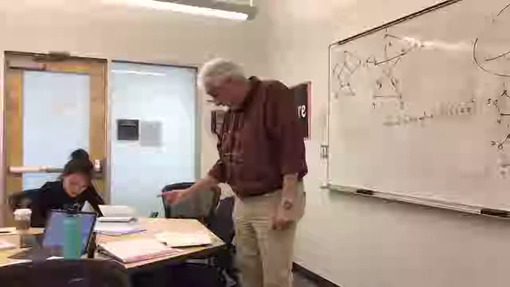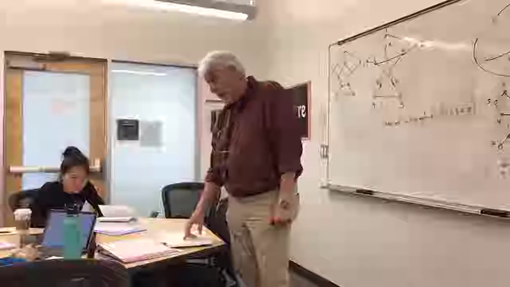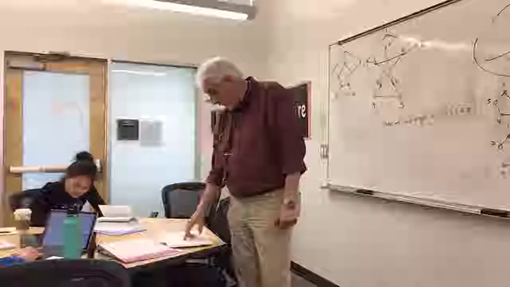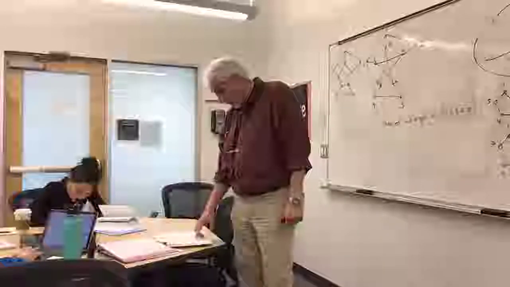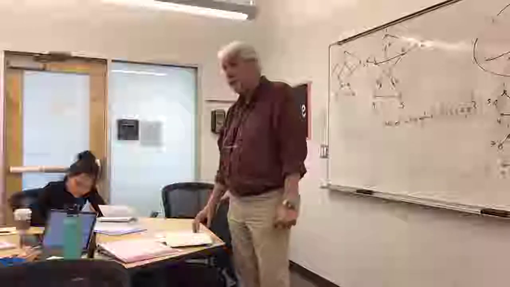Okay, so we're going to spend a few minutes on this. So I have how many? I have 7 graphs: G, and then H1, H2, H3, H4, H5, and H6.